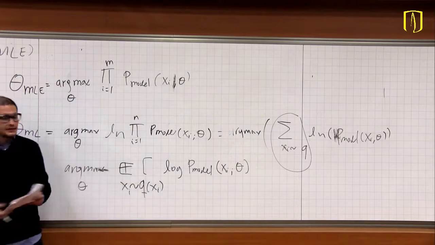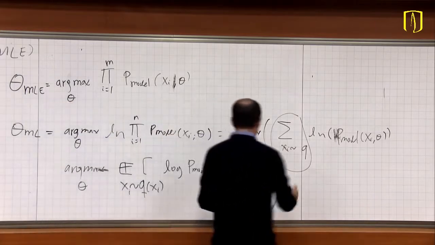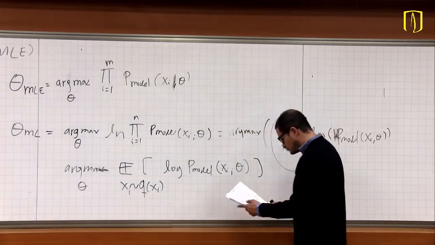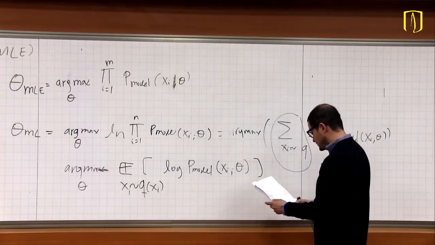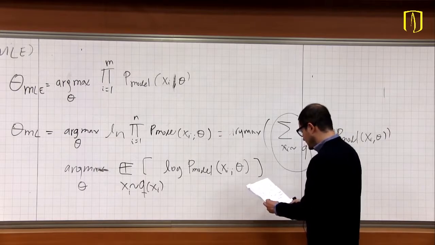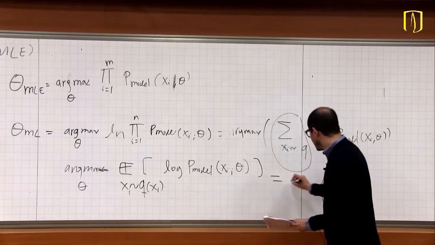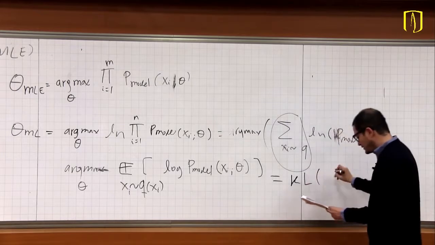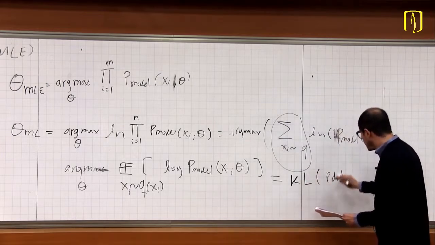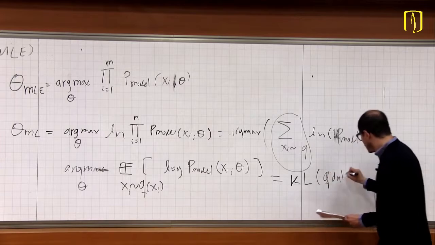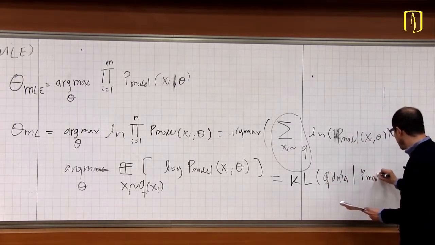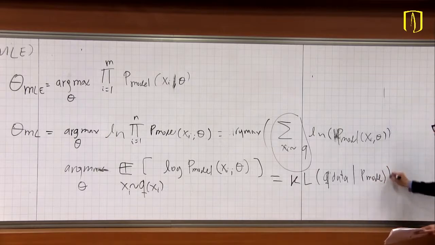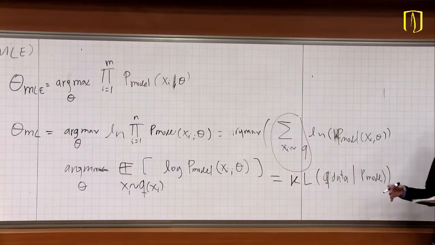And this is the so-called KL divergence between the Q data and the P model, which is kind of an idea of distance for probability distributions.